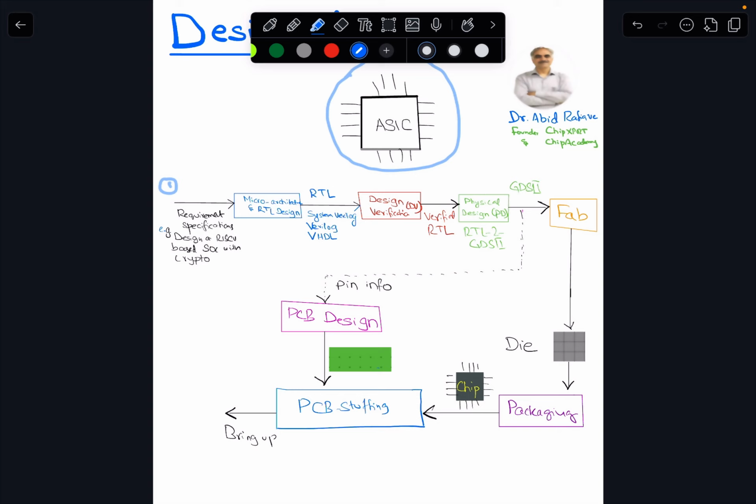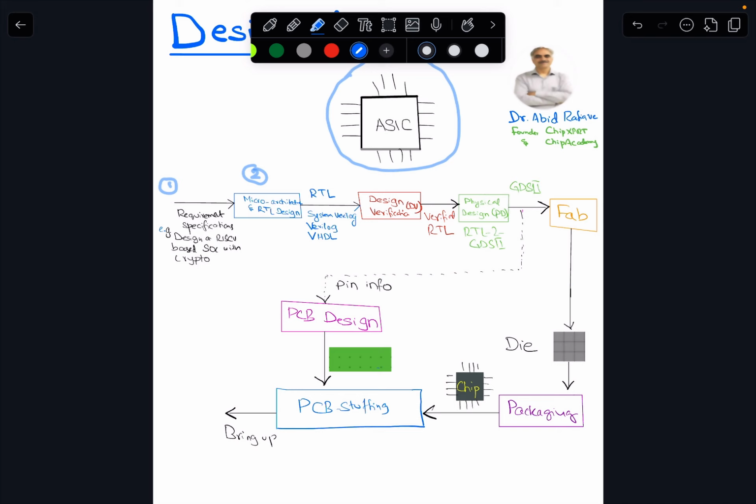These requirement specifications are then taken up by the microarchitecture team, and they design the microarchitecture, spending months of effort, and at the end they get an RTL, which is typically SystemVerilog, Verilog, or VHDL code.